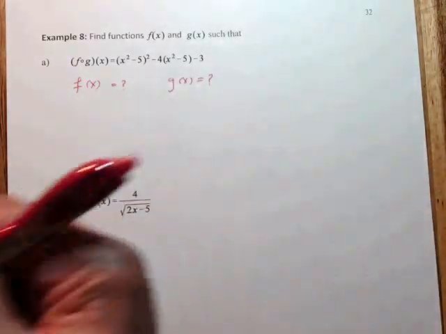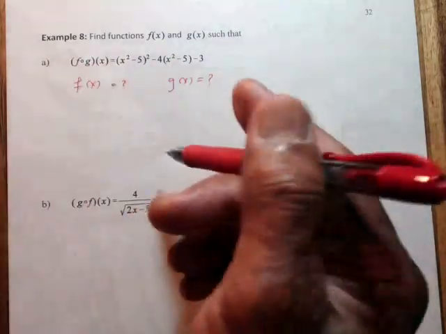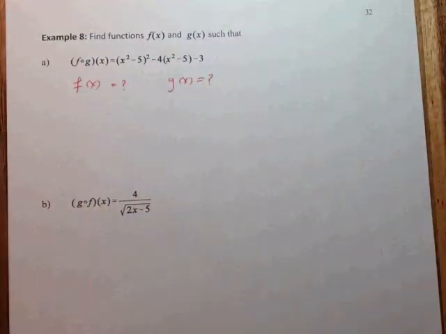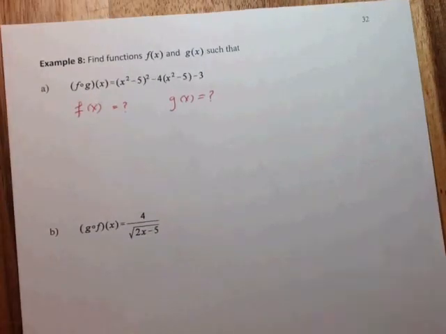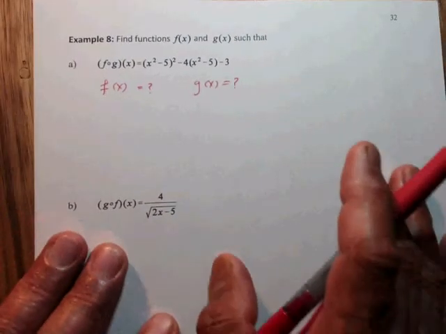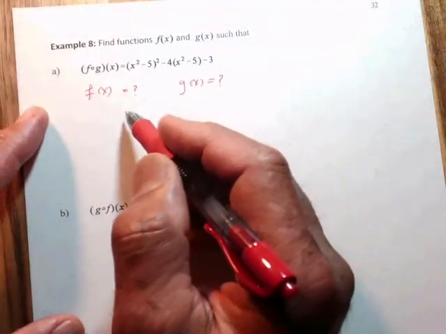So in a sense, basically we look for those functions f and g among those parent functions in section 3. Those simple, standard functions, we call them parent functions. We can use those functions to construct new functions. So a little bit of thinking.